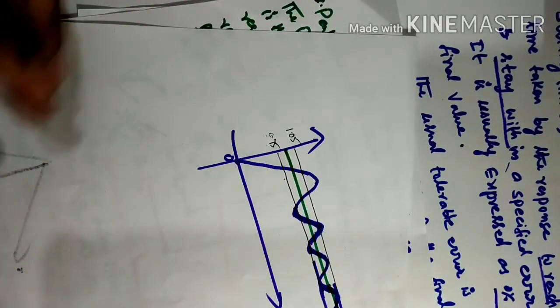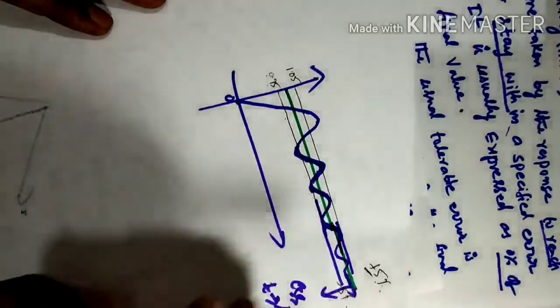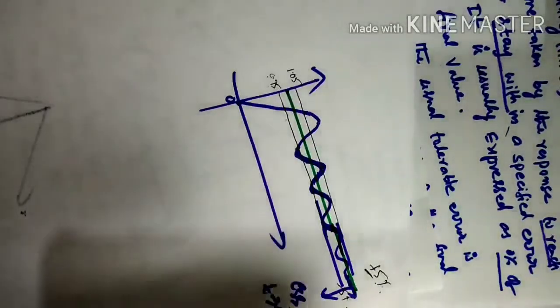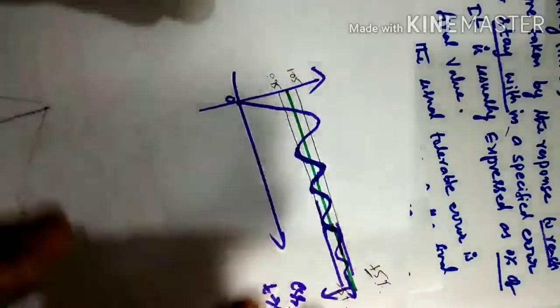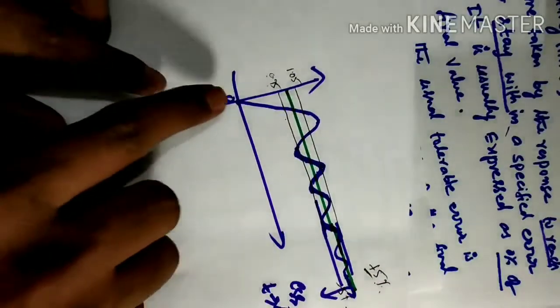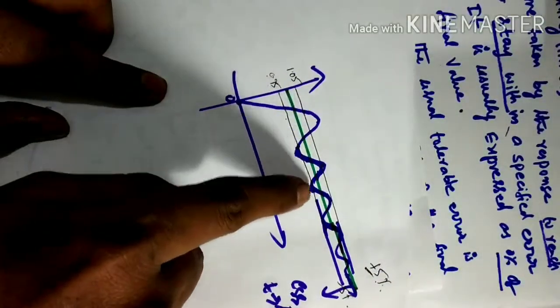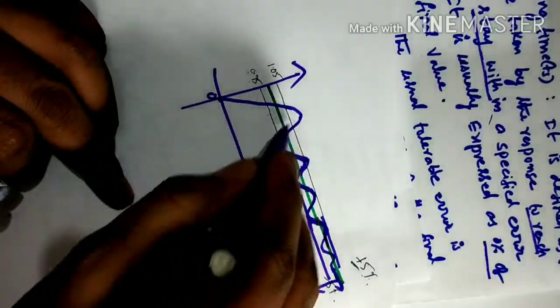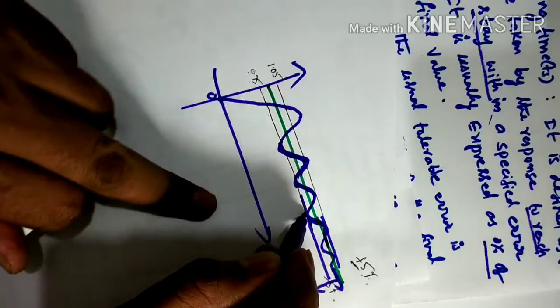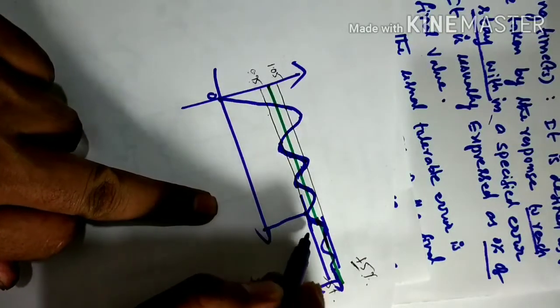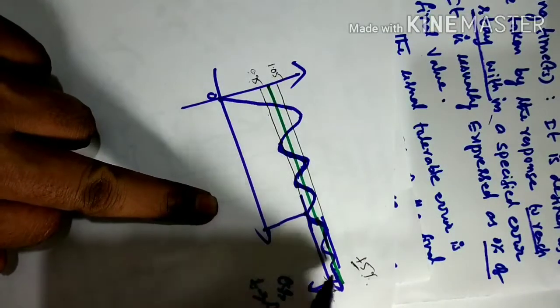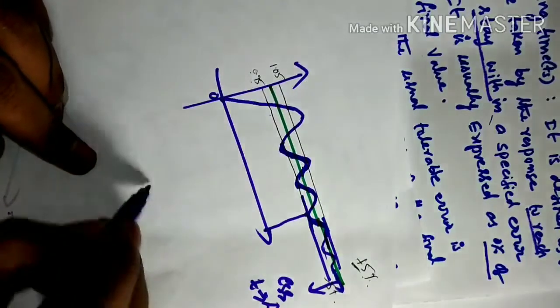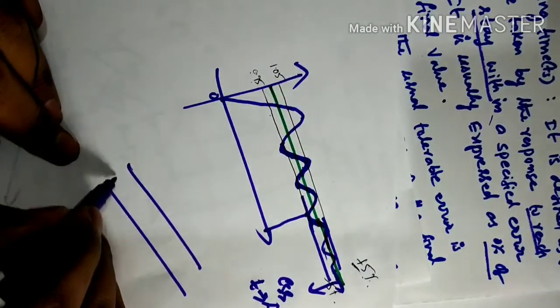Once again, observe this graph. Settling time is defined as the time taken by the response to reach, and how much time it takes to reach and stay within a specified error. Once again I'm showing, this is your step input.